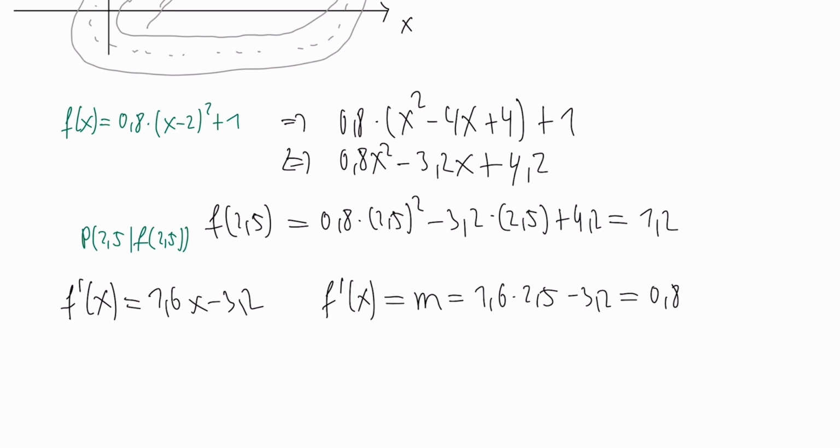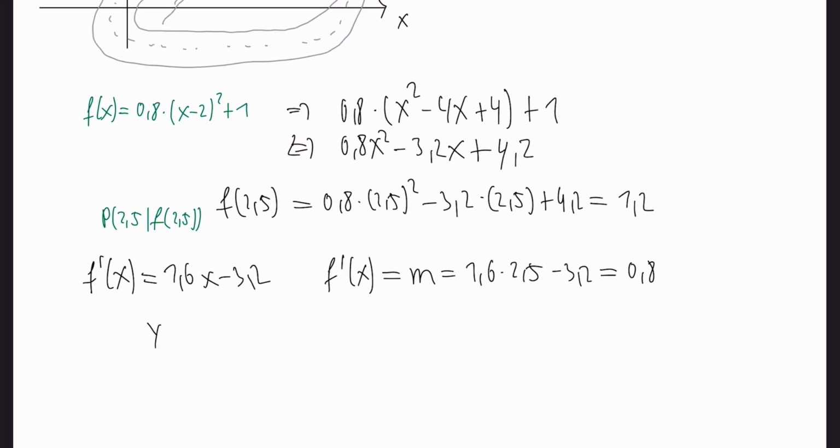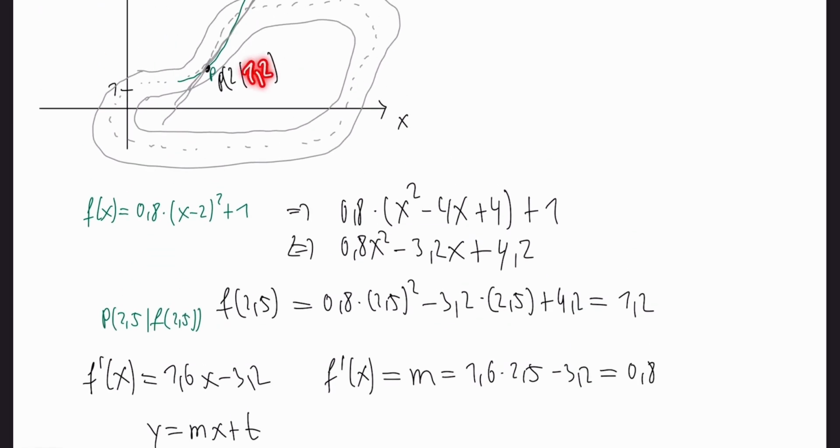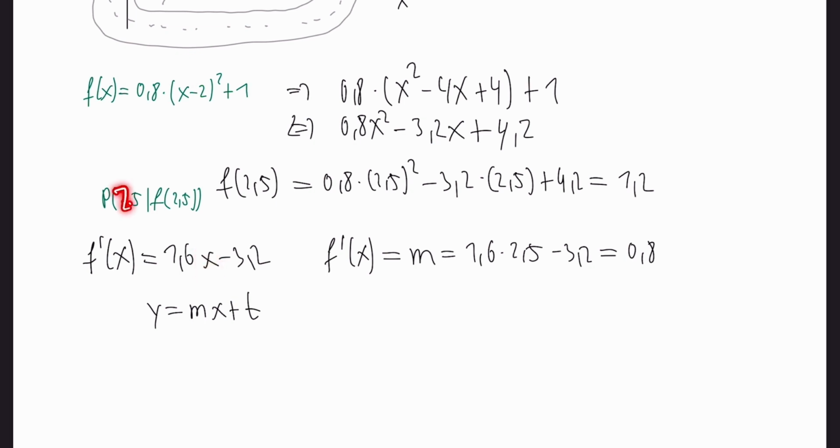And now we have to write down the general form of a linear function. So y equals mx plus some constant t, where m is the gradient, t is the intersection at the y axis, and y and x are just the coordinates we plug in.